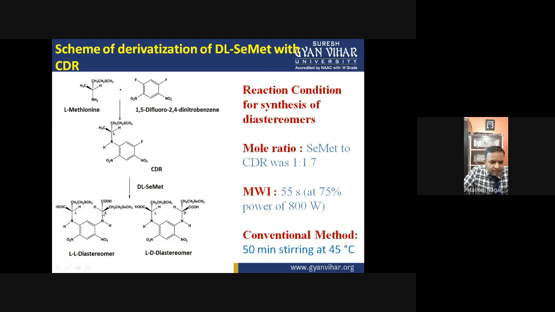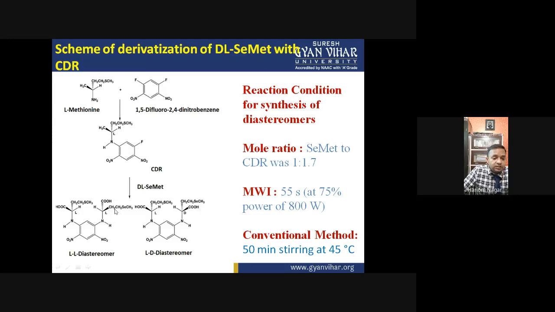Then this LL diastereomer is actually here. This is the carboxylic group, a polar group, and this is coming towards the viewer. Those groups which are coming towards the viewer are presented by the solid line, and those which are away from the viewer are shown by the dotted line or the black line.